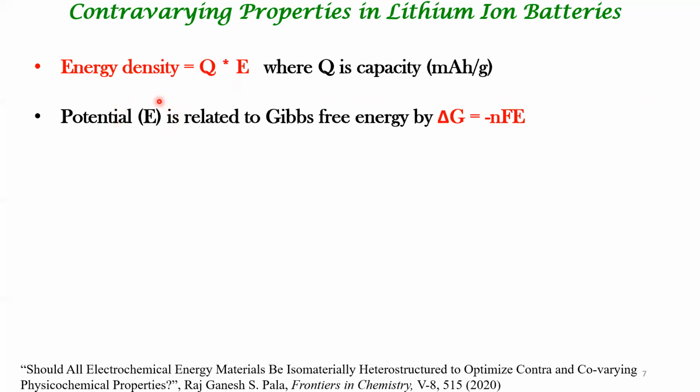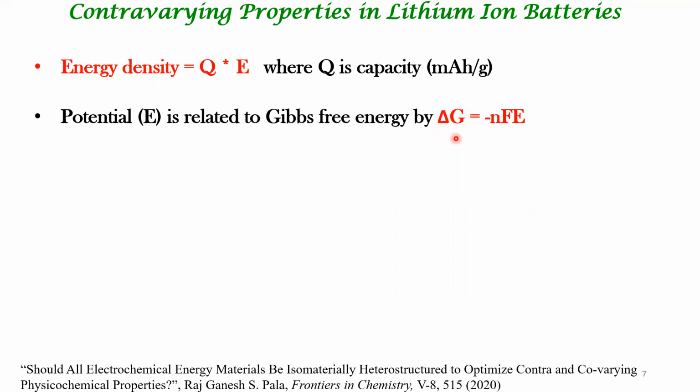The potential that you can obtain from a lithium-ion battery is dependent upon delta G of intercalation of the lithium ion with the cathode of the lithium-ion battery. The greater is the delta G, I want to clarify, by greater I mean more negative energy, because to get voltage from the battery, you want to undertake an exothermic reaction.